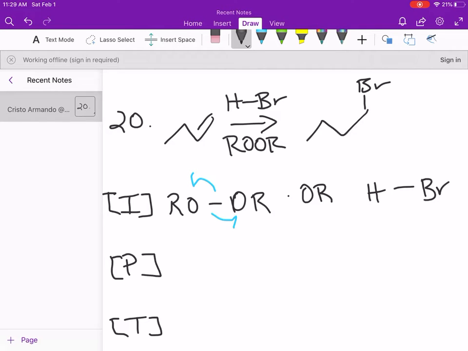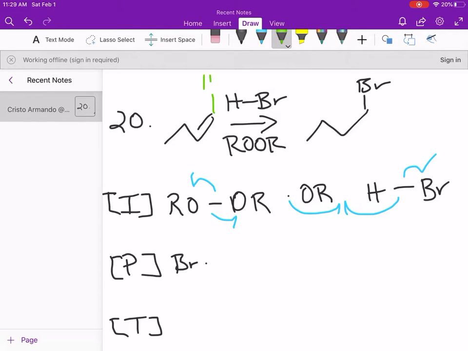What's going to happen, oops, I meant to draw that in blue, is another homolytic cleavage, right? And we're going to be left with the bromine radical. And again, we can imagine the hydrogens in this molecule.